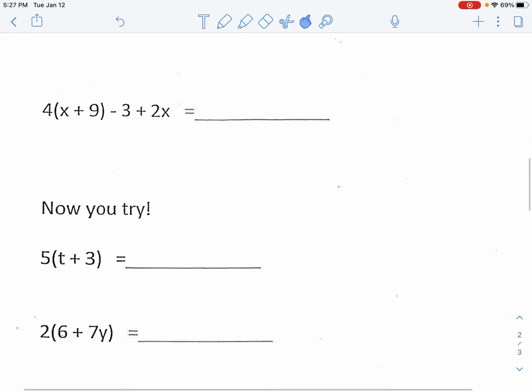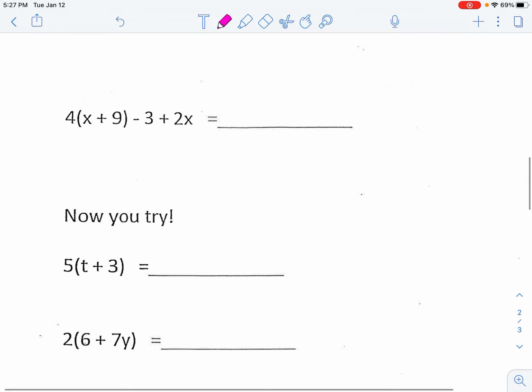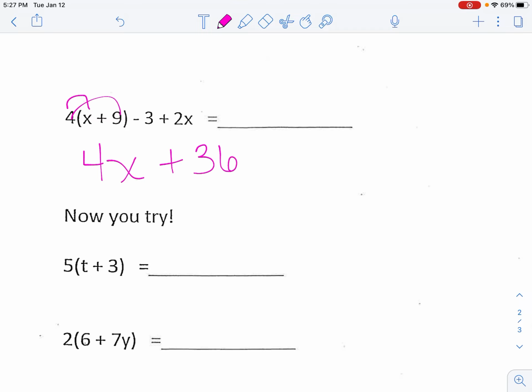Next problem. 4 times x plus 9 minus 3 plus 2x. First, we're going to do the distributive property. We're going to multiply the 4 times the x and the 4 times the 9. So 4 times x is 4x. 4 times 9 is 36. I have to include minus 3 plus 2x.